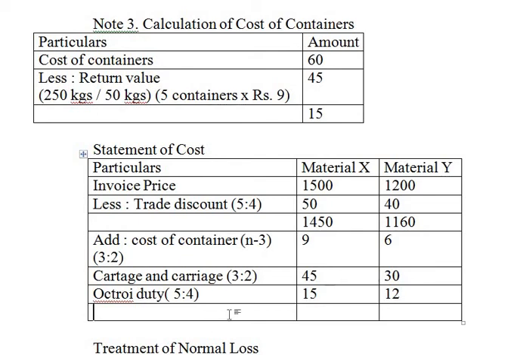Now find out the total cost. Total cost is 1519 and this is 1208. So this is the total cost.